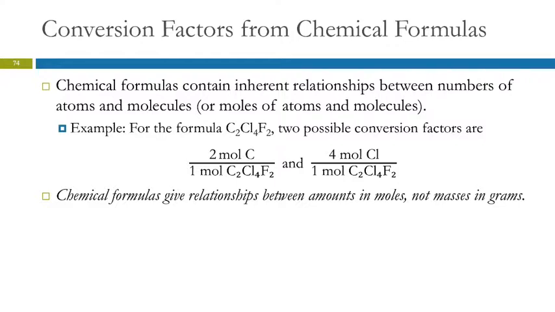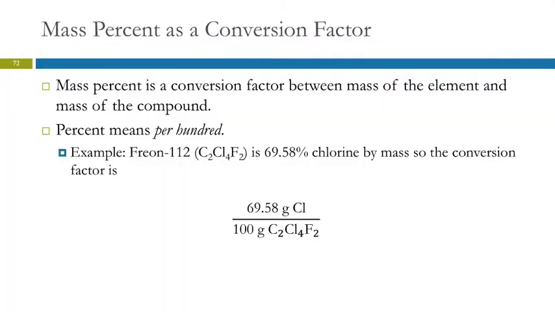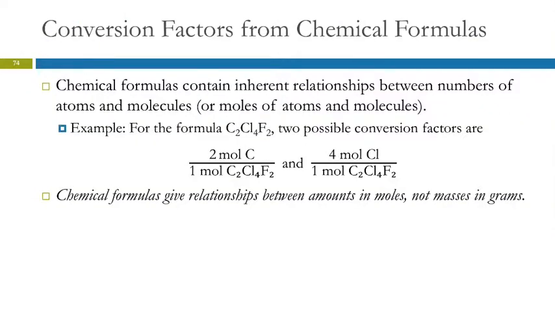So this formula, C2Cl4F2, we can make 2 different conversion factors relating carbon and this compound. Is that the Freon? Yeah, that's Freon 112. So looking at this formula, C2 tells me there are 2 moles of carbon in 1 mole of the compound.